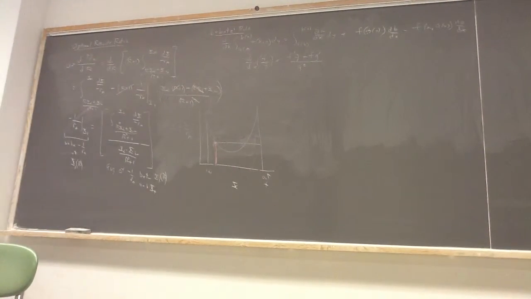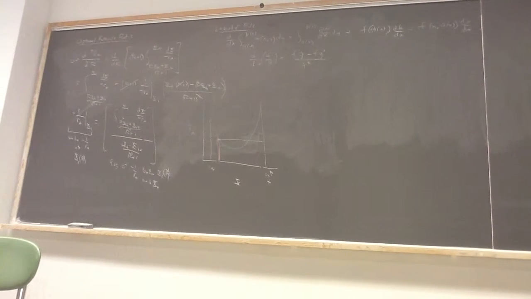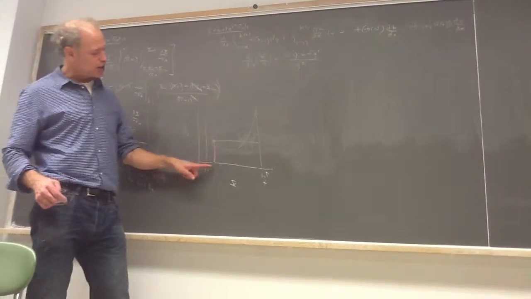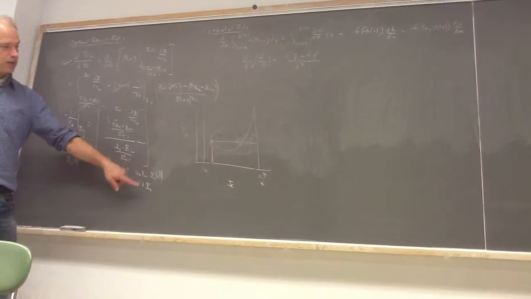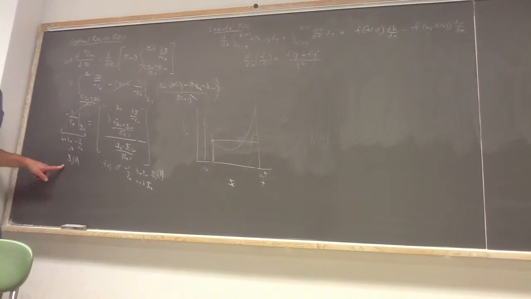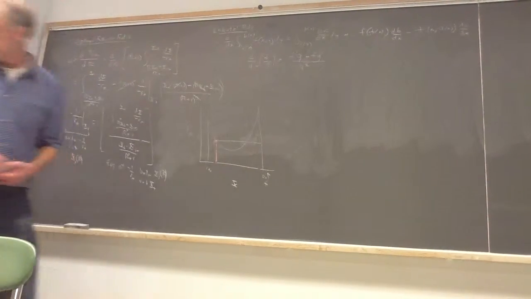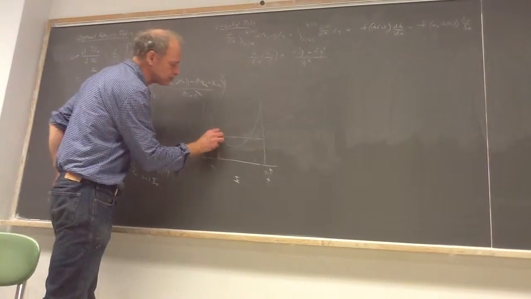Notice over here, the average height between here and here is a lot different from the value at the left endpoint. The optimal recycle ratio is when the average height of the curve from x1 to xf equals the height of the curve at x1. So this is a graphical interpretation of the optimization process.